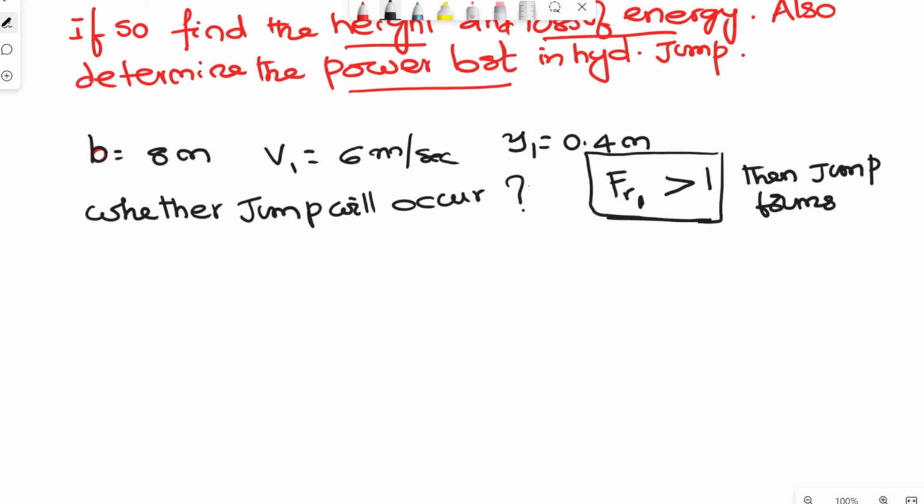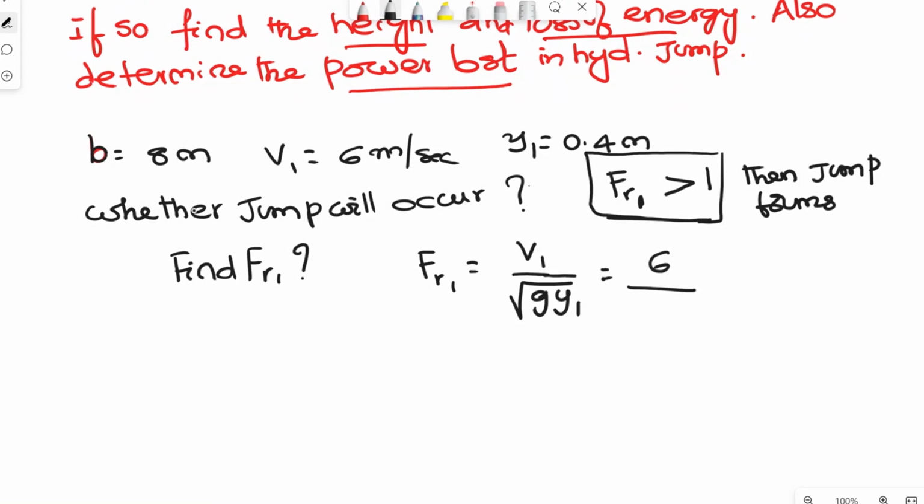Now, what I should find out is FR1. How to find FR1? FR1 is equal to V1 by root G Y1, because it is a rectangular channel, the hydraulic depth is replaced by the depth of flow itself. V1 is given as 6, G is 9.81, and the depth is 0.4.